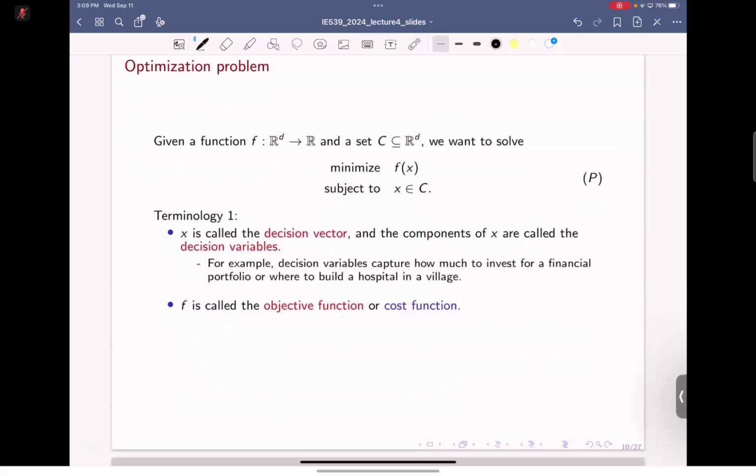And here, this function f is called the objective function. This is the objective that we need to achieve or optimize. Throughout this course, we'll typically stick to minimization problems. This function f typically captures the cost function. Sometimes you want to maximize your profit, then you need to write maximize here.